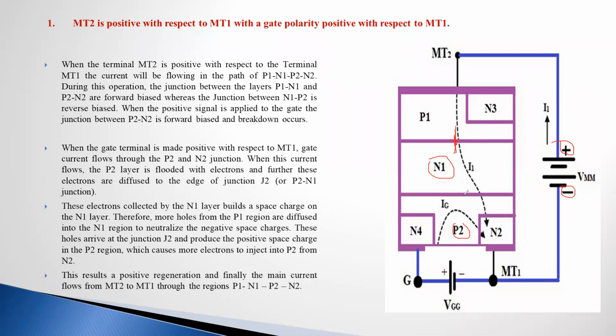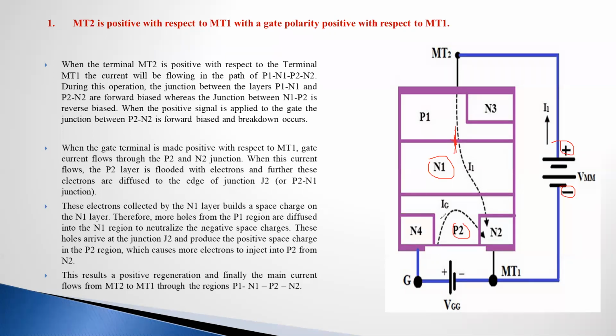So we have to remove this reverse bias junction. We have to provide the path for flowing the current, but here the depletion layer is formed. There is no chance for current to flow from N1 to P2, so we have to bring this reverse bias junction to forward bias. How can we do that?